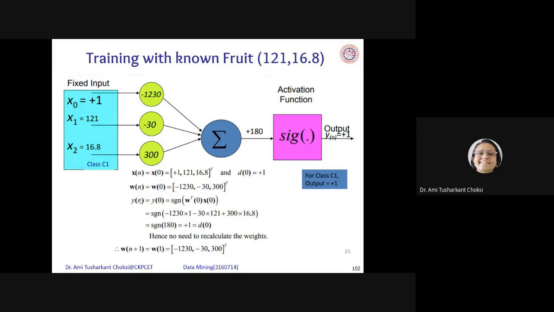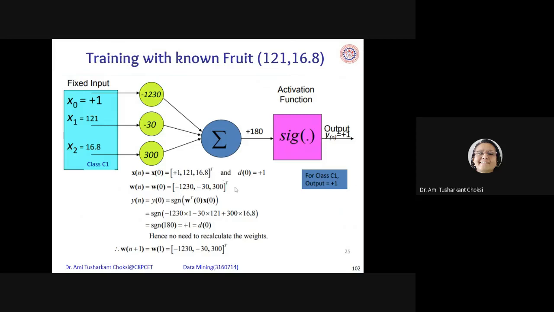Now, what do we do? Yn is equal to y0 because here we have considered all 0. That is the initial thing, right? At the first step, SGN of W transpose 0 into x of 0, right? Wi xi we used to say, fine. So SGN of minus 1230 into 1. We are taking the multiplication of these two vectors, right? They are transposed.